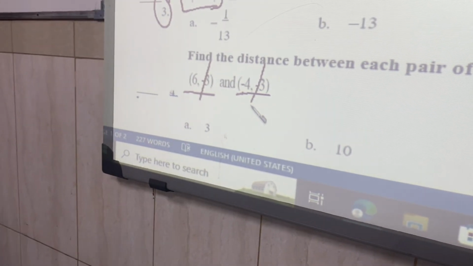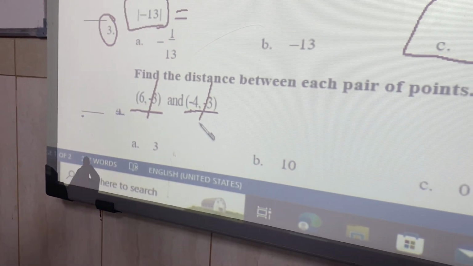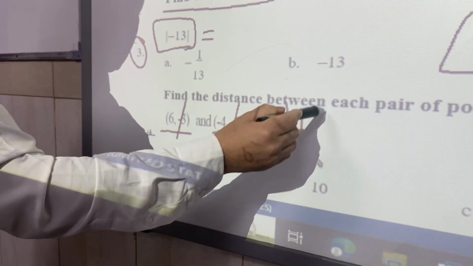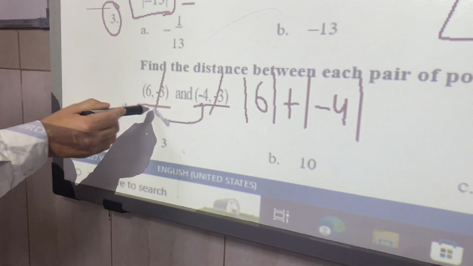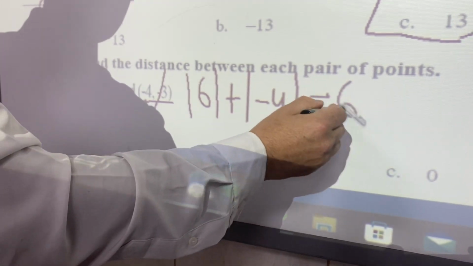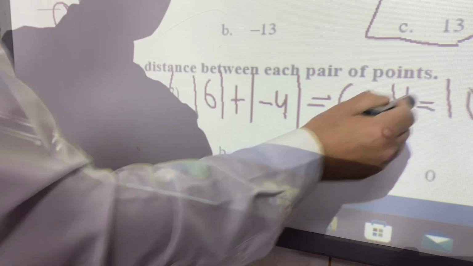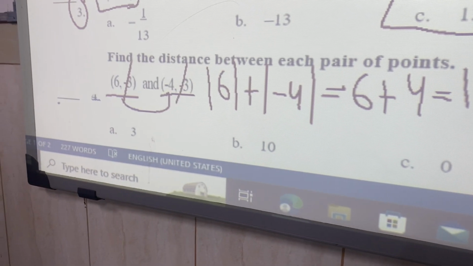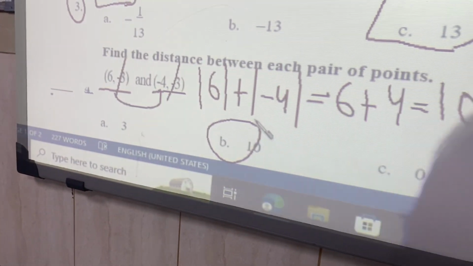So, the absolute value of 6 plus the absolute value of negative 4. Why do I add? Because they are different signs. The absolute value of 6 is 6 plus the absolute value of negative 4 is 4 equals 10. The answer is 10, which is choice B. Now I will go to the next question.